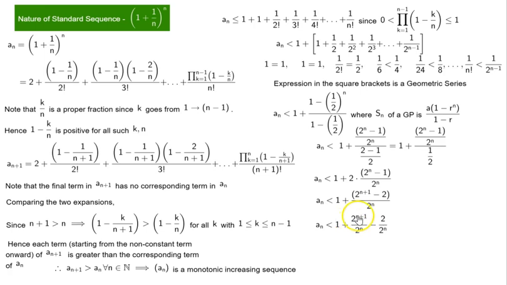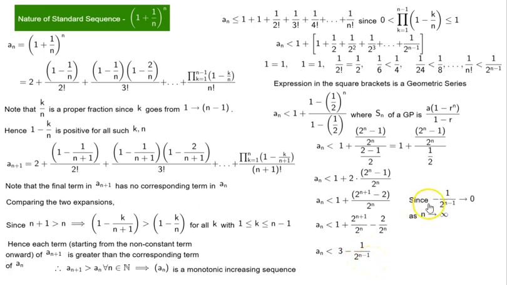We get 1 plus 2 to the power of n plus 1 by 2 to the power of n minus 2 by 2 to the power of n, which gives us, here if we take 2 to the power of n up, we get 2 to the power of n plus 1 minus n. So we are left with 2. That 2 plus 1 is 3 minus, if we take 2 down, we get minus 1 by 2 to the power of n minus 1.